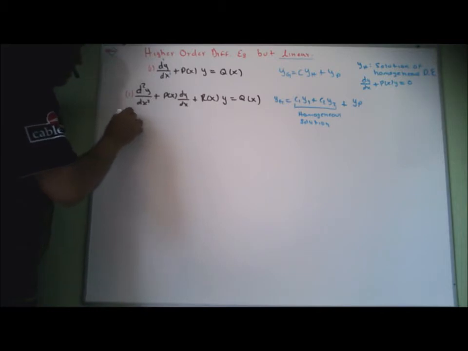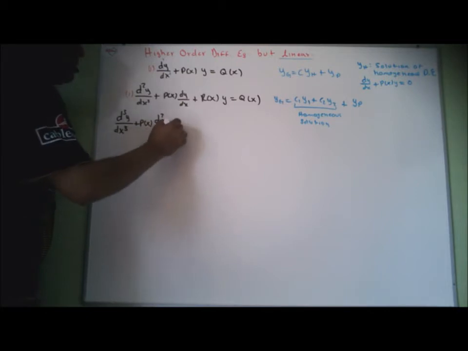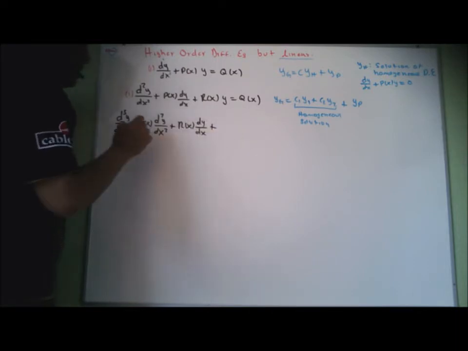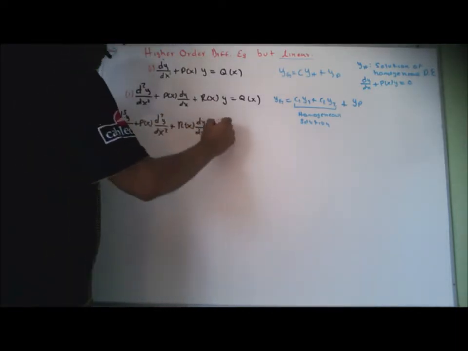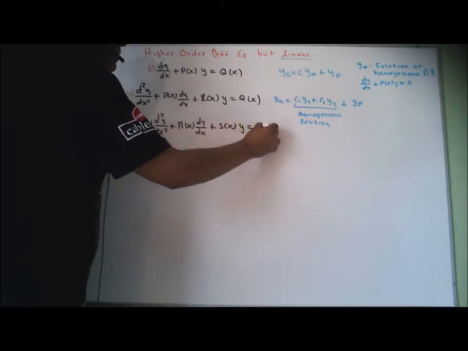the third derivative of y with respect to x to the power of 3 plus p of x, and now this one is going to be the second derivative with respect to x, plus r of x times the first derivative, plus s of x, I'm going to write s of x, y equal to q of x.